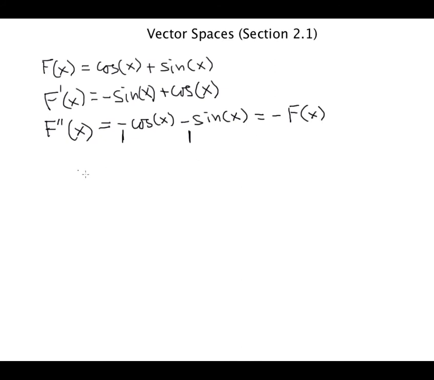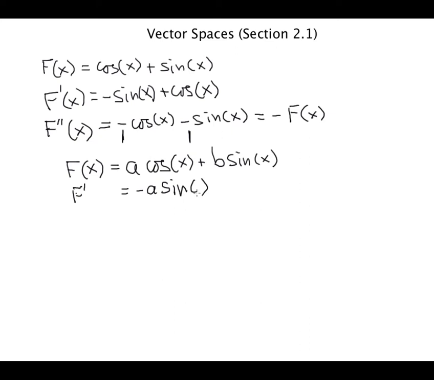More generally, if you look at f of x equal to a times cosine of x plus b times sine of x, then f prime is equal to minus a sine plus b cosine, and f double prime is minus a cosine minus b sine.